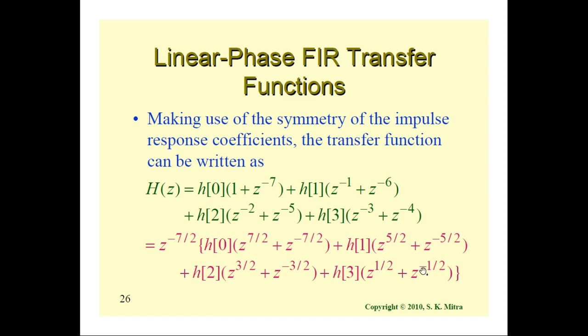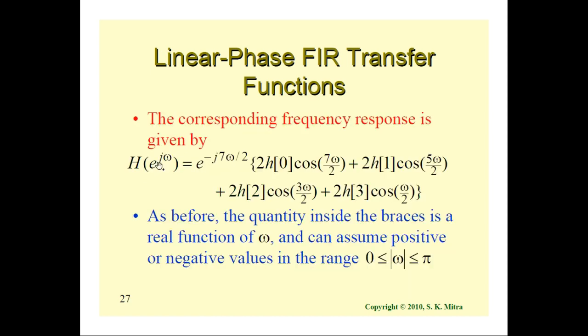All the terms in the curly bracket, that is these four terms, will be converted into cosines, such that the first term will be 2h0 cos(7ω/2), the second term will become 2h1 cos(5ω/2), the third term will be h2 times 2 cos(3ω/2), and the last term will be h3 times 2 cos(ω/2), as shown in this slide.